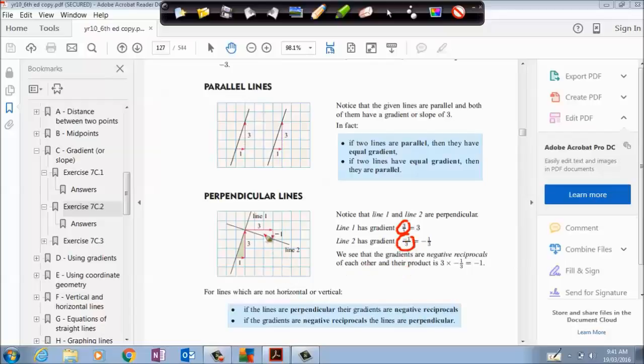And the reason why is because if you look at line 1, let's say that this is the x-axis across here, and say this is the y-axis. Then let's take a point on this line 2 here.